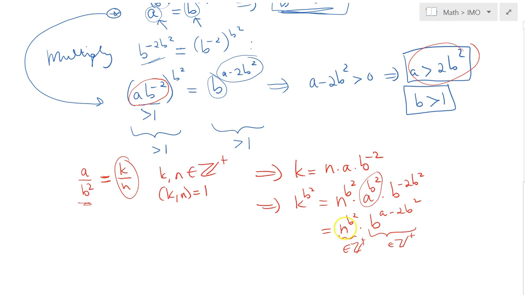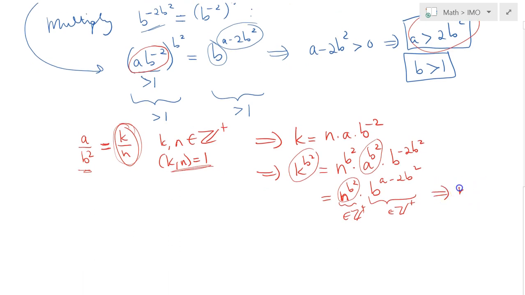So what it tells you is that n to the power b squared is a divisor of the left hand side, which means that n itself must divide k. But it's impossible because we assumed that k and n are in simplest form. So therefore this would imply that n is in fact equal to 1.